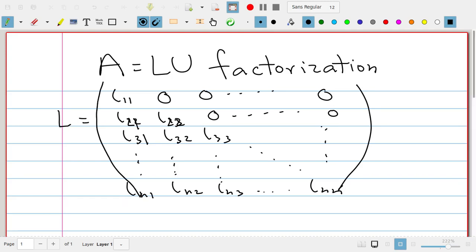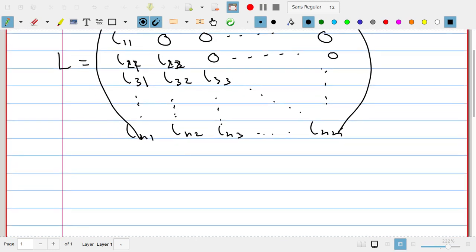Okay, so in other words, a lower triangular matrix is a matrix for which Lij equals 0 if i is less than j, right?